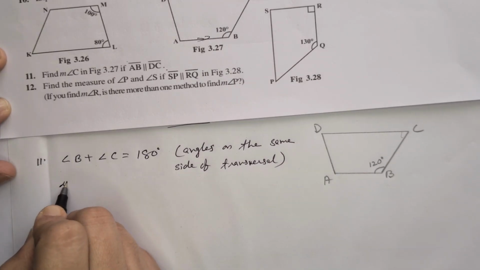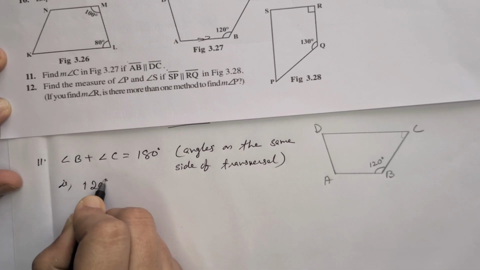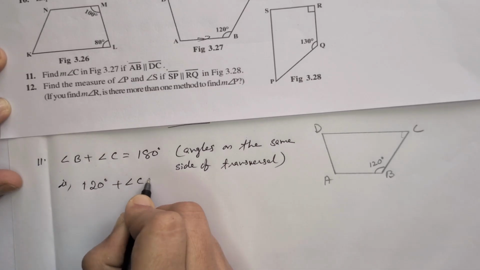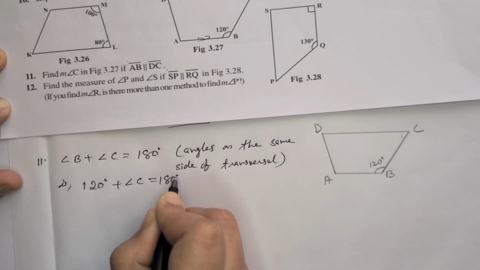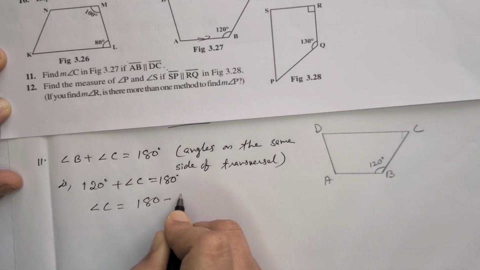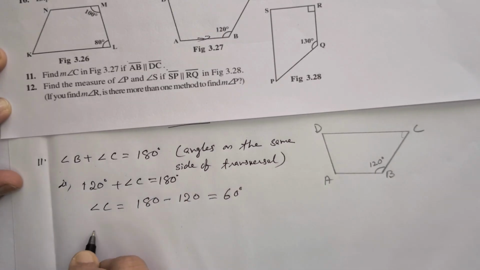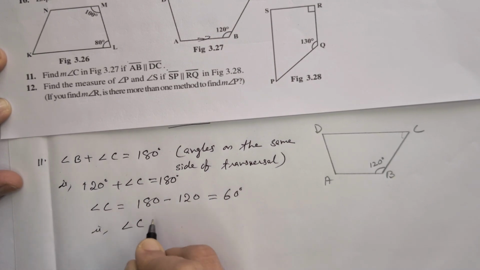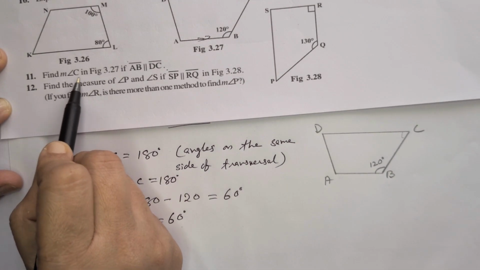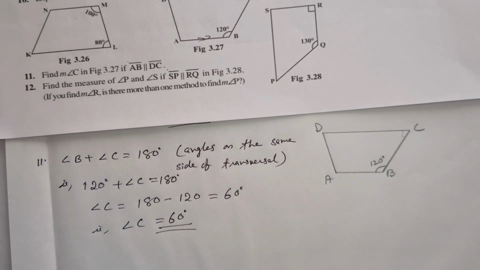That means angle B is 120 degrees, so 120 degrees plus angle C is equal to 180. Angle C is equal to 180 minus 120, which is 60 degrees. So angle C is equal to 60 degrees.